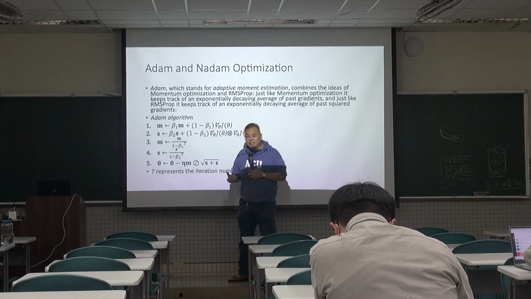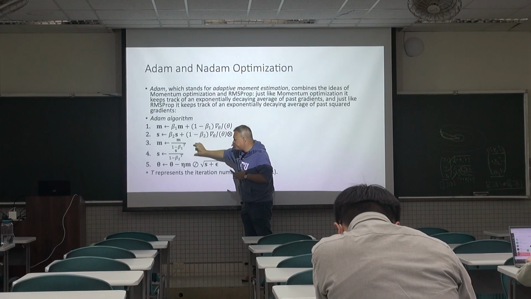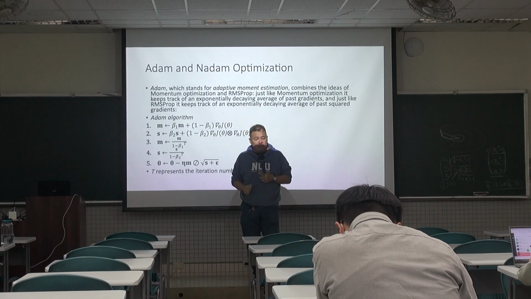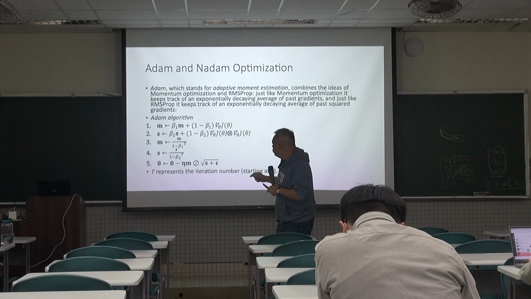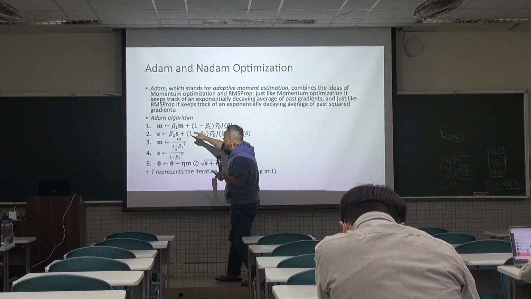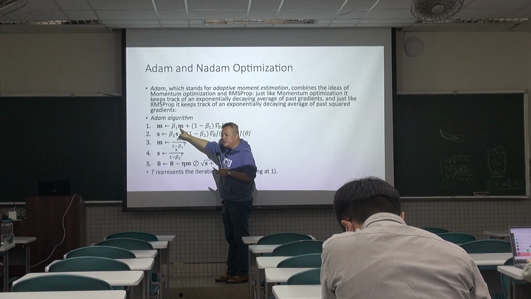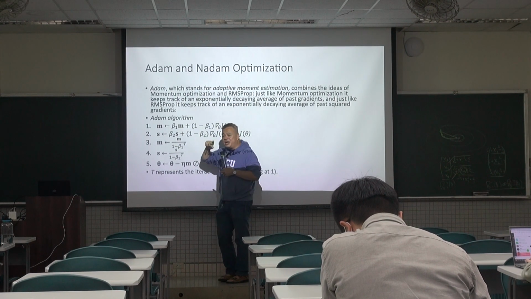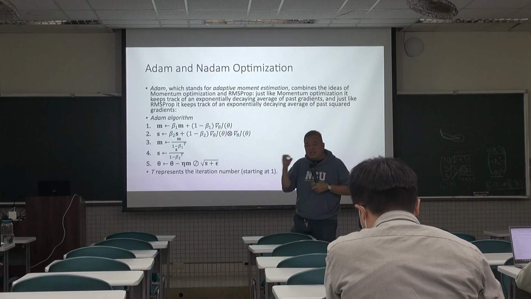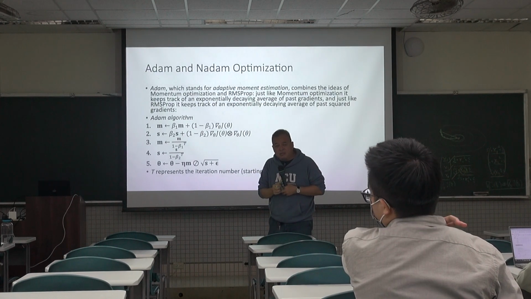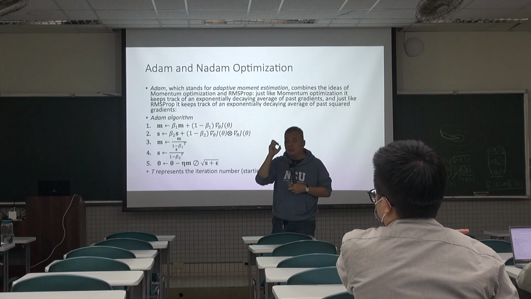So once you understand that, what are these two lines? Remember, M and S are running averages, right? And at the beginning, M and S are initialized to be 0.